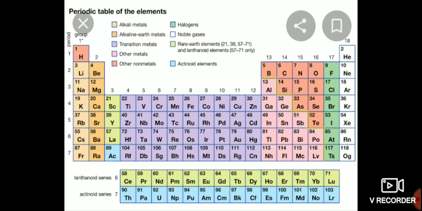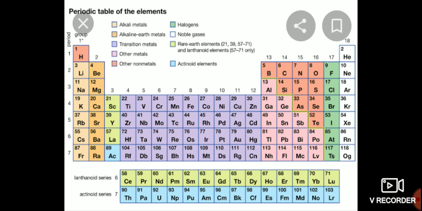Alkali metals and alkaline earth metals are solid, but hydrogen is a gas molecule. So this is the hydrogen position.